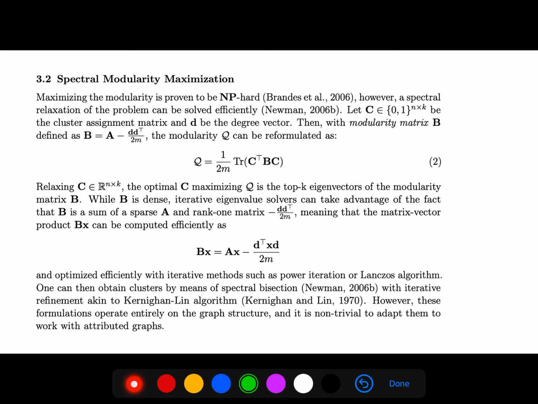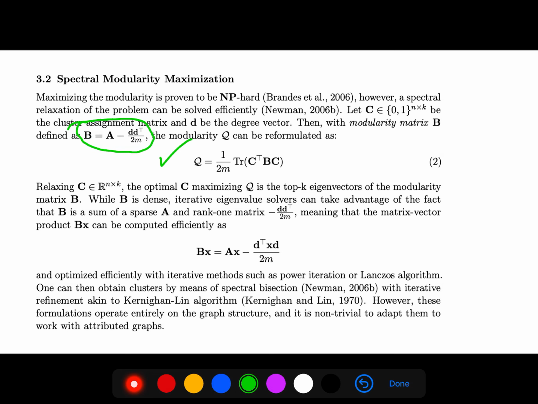And we represent it easily using the trace of C transpose B C. C is just a cluster assignment matrix, but B is related to the adjacency and the degrees. So B is a dense matrix.